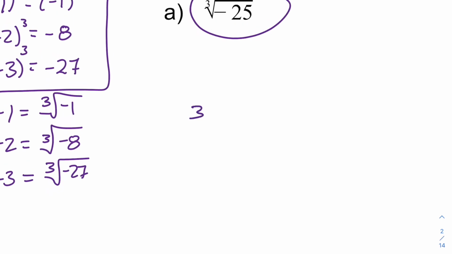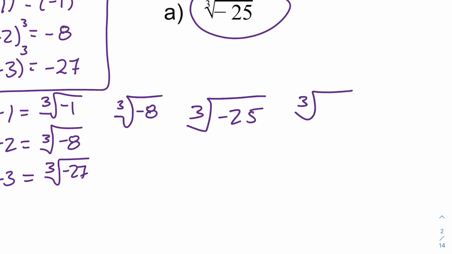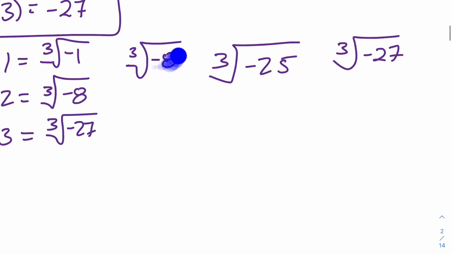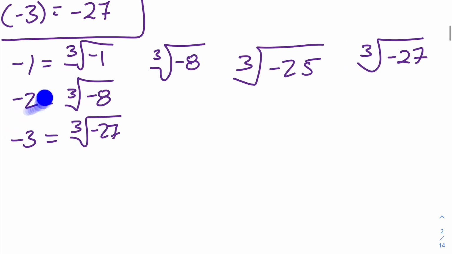So here, what does the cube root of -25 fall in between? Well, it falls in between the cube root of -8 and the cube root of -27. And now let's look at this. Cube root of -8 gives me -2.